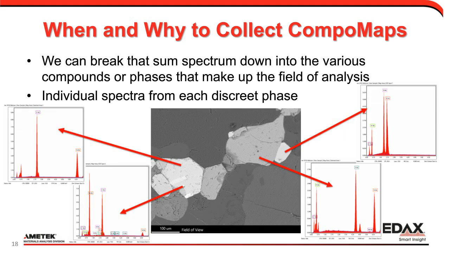So now let's break it down a little bit further. And when we break it down further, we're gathering the spectrum from the various phases in the backscatter image. And this is where we're just using quick and dirty to say, okay, let me get a spectrum, 5 seconds at each of the different gray levels that we see available to us. And this provides a different view of the overall composition.